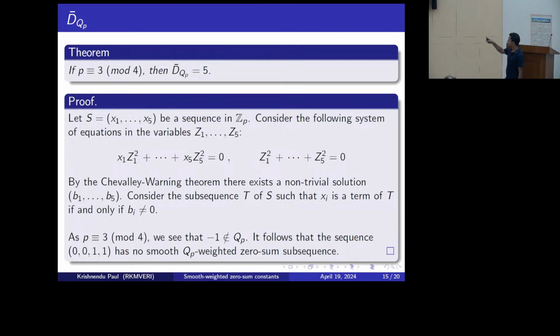First of all, as minus 1 is not there, the 1 1 will not be there in the zero sum subsequence. So it must contain only zeros, but there will also be a problem, as minus 1 is not there in the weight set. So that's why the constant is 5.